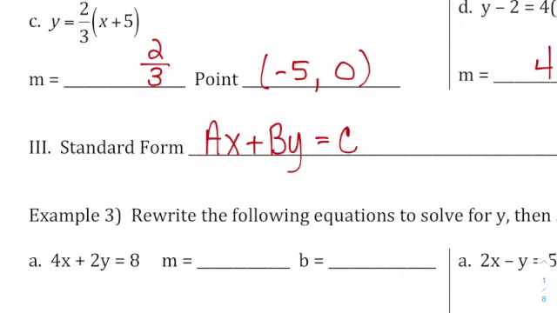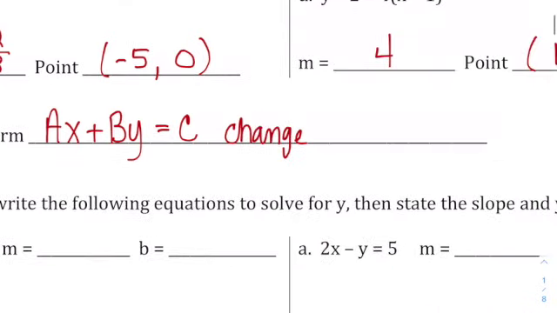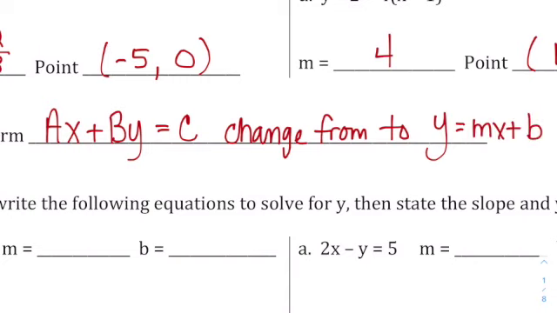To work through standard form, you are going to change the form to y equals mx plus b. The reason we do that is that way you can extract the slope and the y-intercept, so you can graph it, figure out where the next point is located, and tell me what the slope and y-intercept are.